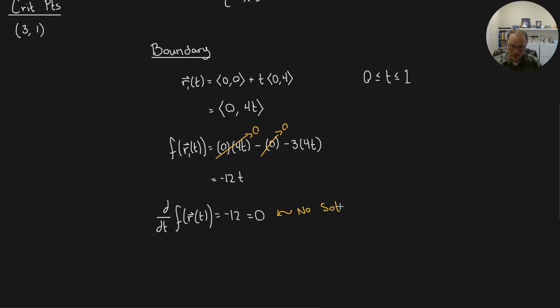So we set our derivative equal to 0, but there's no solutions, which means we don't get any critical points along that side. We don't add any critical points to our list by looking at that first side. Okay, so that's side 1.